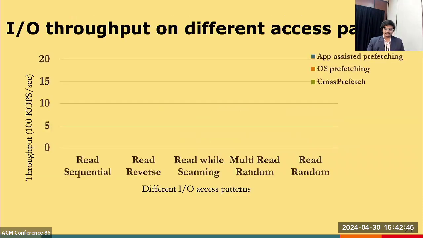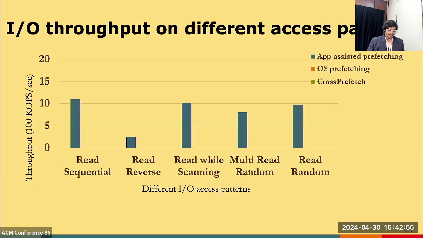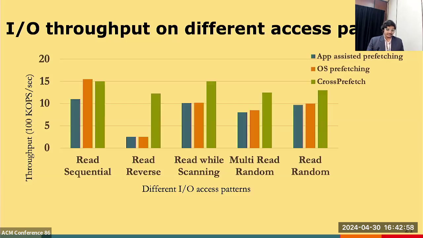For the first plot, we see the IO throughput for different access patterns. The x-axis is the different IO access patterns, and the y-axis is the throughput. We see that for some access patterns, for example, read sequential, the operating system prefetching approach works better than even app-assisted prefetching because the OS is really good at identifying and prefetching sequential reads.